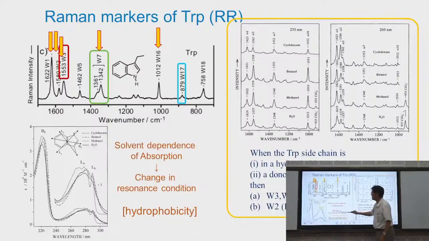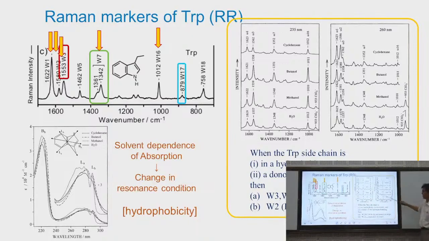Then it results in the change in the resonance condition. Then change in the resonance condition results in change in the Raman scattering intensity. So the Raman intensity serves as a marker of the environment.